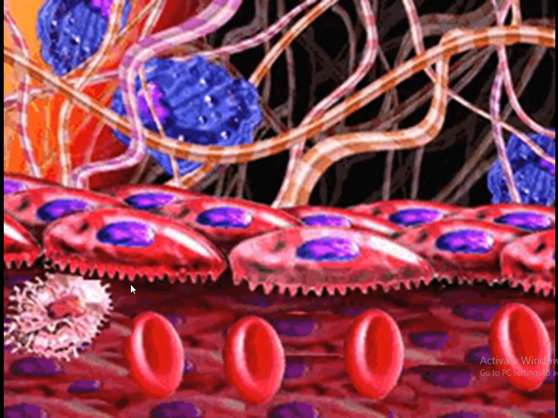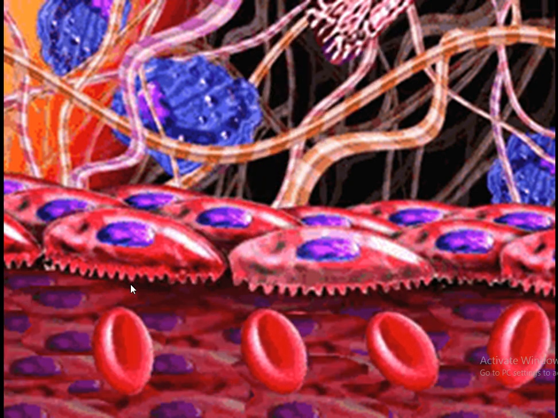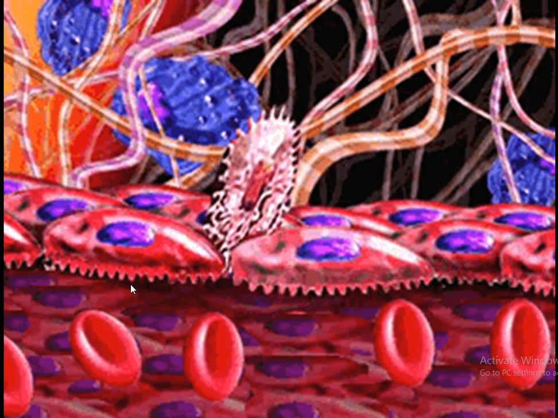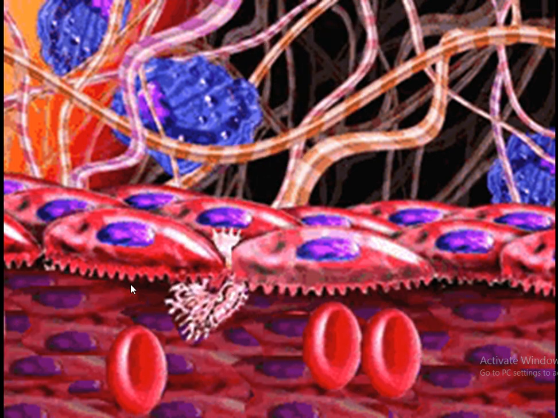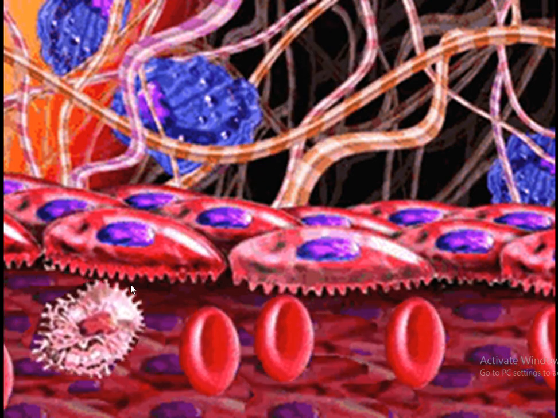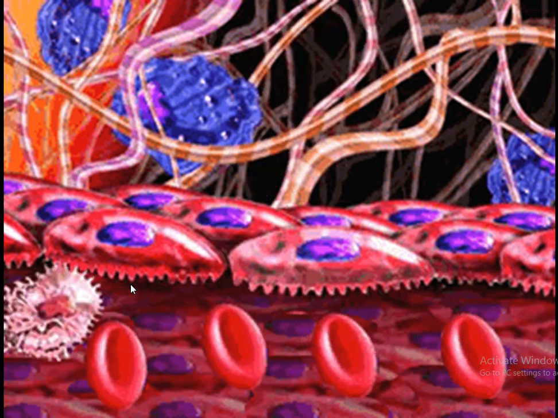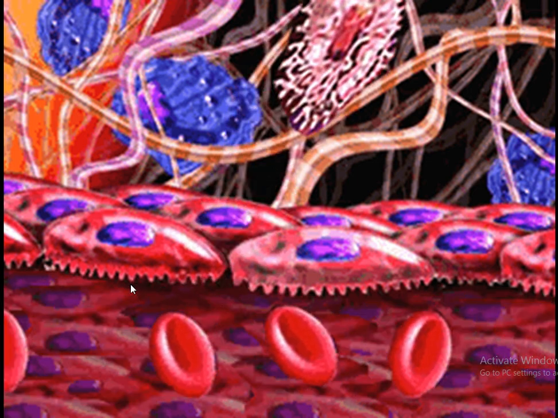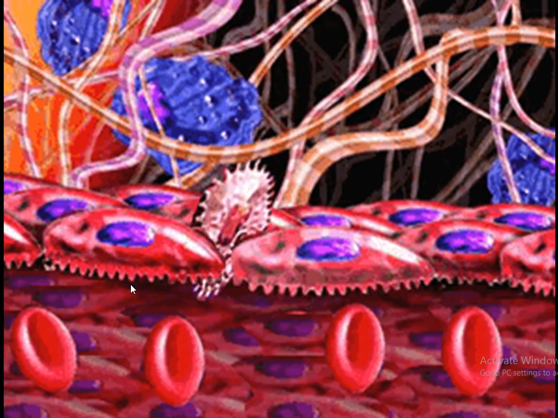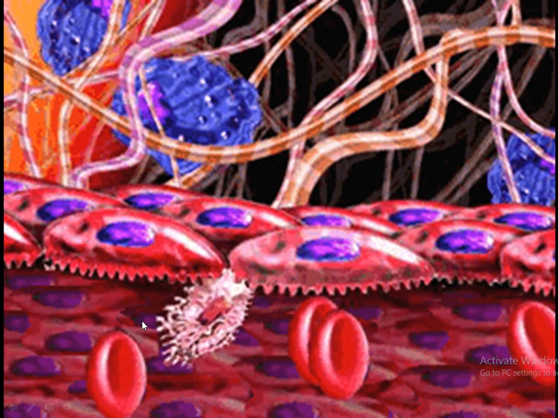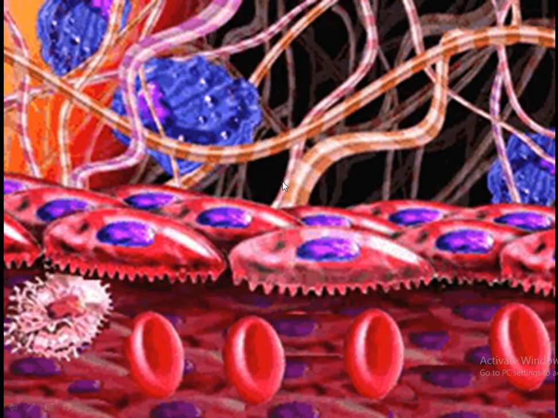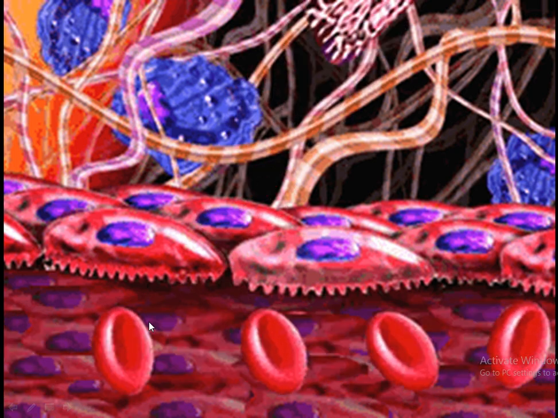Through this animation, I want to show you how the blood cells are circulating inside the blood vessel. And once they find any infection, they have to come out, and you can see how the WBCs are coming out of the blood vessel into the tissues.